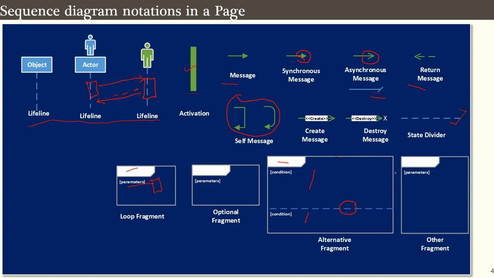The other format is you can have a very simple plain parameter similar to this loop format. You can have your logic built inside that. So these are the notations that are going to be used in our sequence diagram. Now let's see how to use these symbols with proper examples.